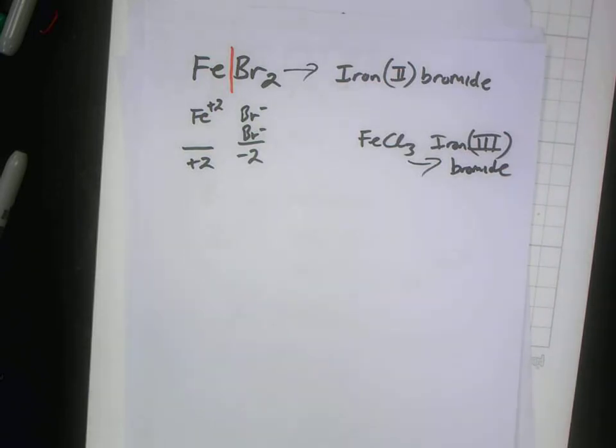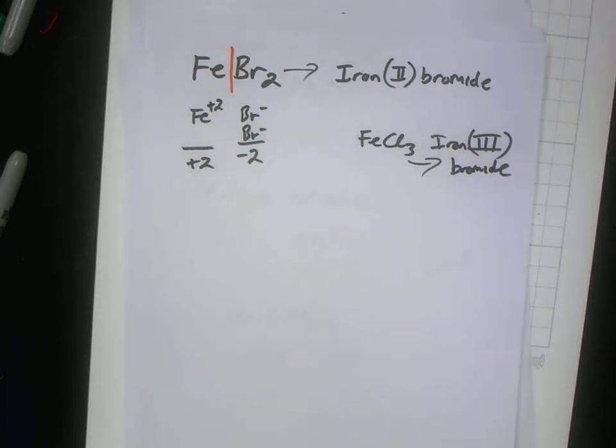Okay, so the little rule here is whenever the transition metal is your cation, when your formula starts with a transition metal, you're going to have to put a Roman numeral in there. And if you look at the worksheet I give you, all these guys have a Roman numeral in them because they're all starting with a transition metal.